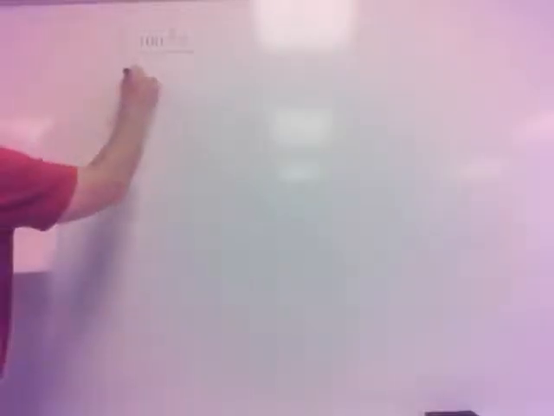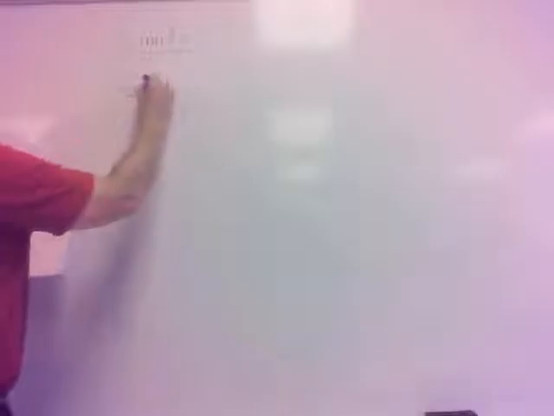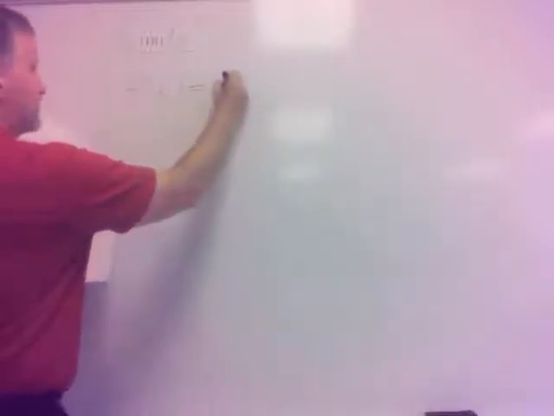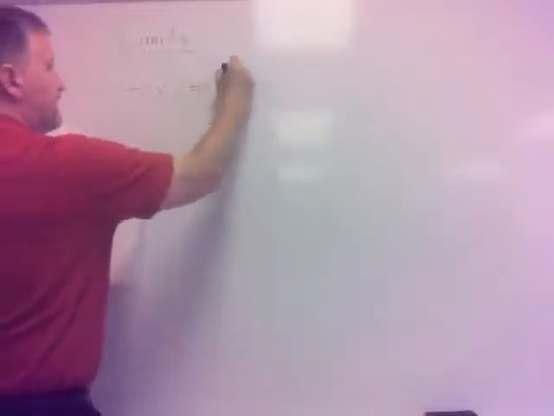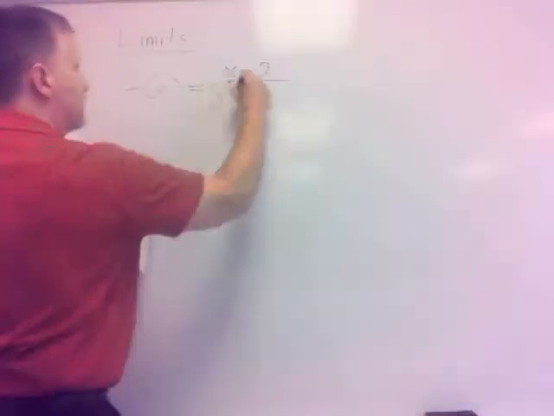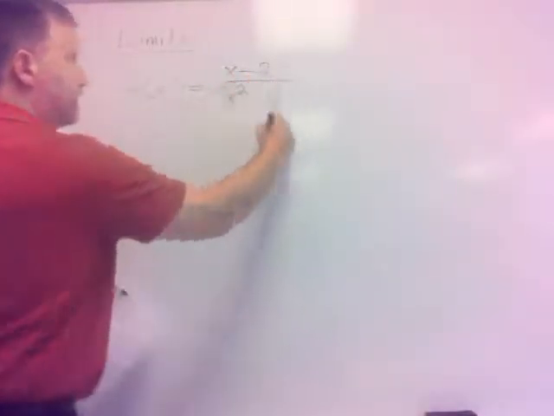And what we're going to do is start off with a nice little function here, and the function is f of x equals x minus 2 over x squared minus 4. And if I were to ask you, what value does this have at x equals 2?